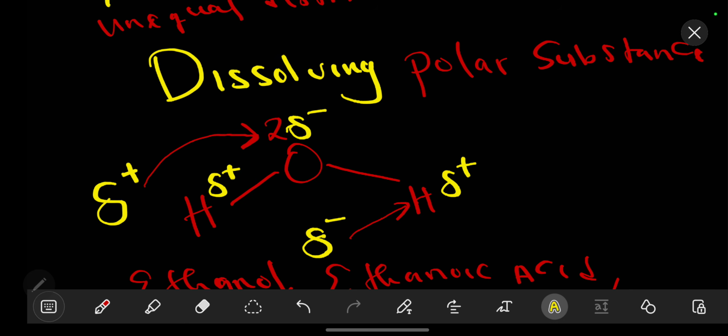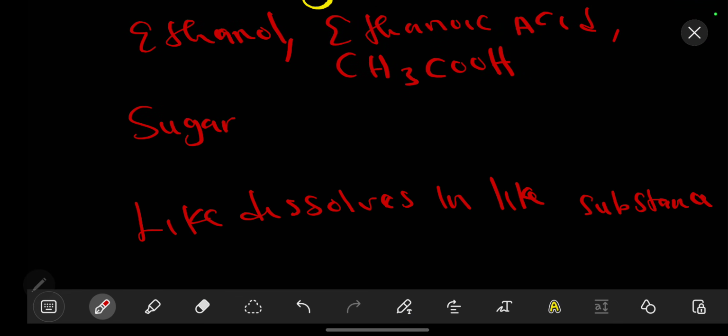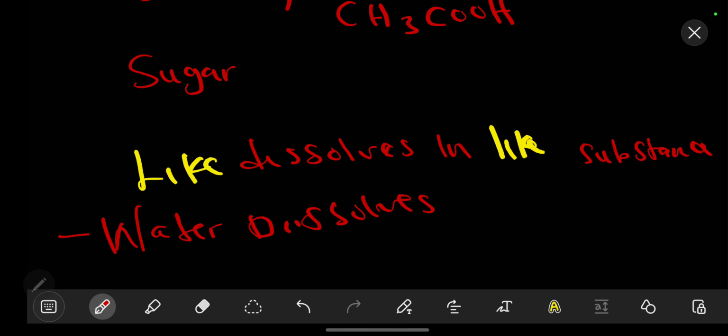Now the rule of dissolving is that like dissolves like. Now this is important because there are some substances which water does not dissolve. So water dissolves substances such as, let's look at these substances.